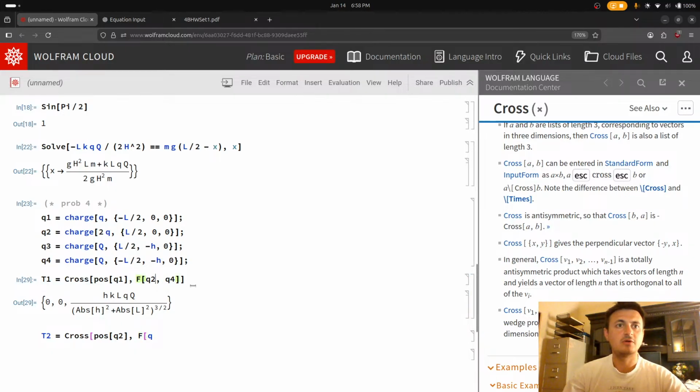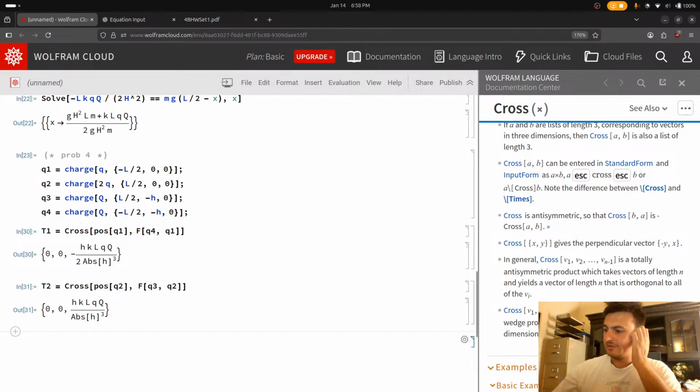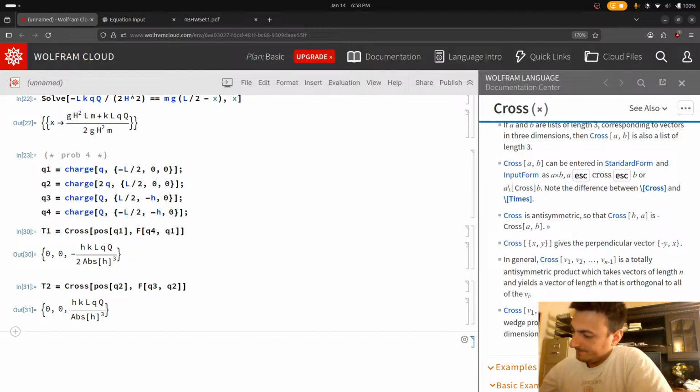This is totally wrong. That's why that looks wrong. This is the charge of Q4 on Q1. That's the torque. That looks way more reasonable. Okay, that's the first torque. This is going to be the torque from Q3 onto Q2. That's the second torque.